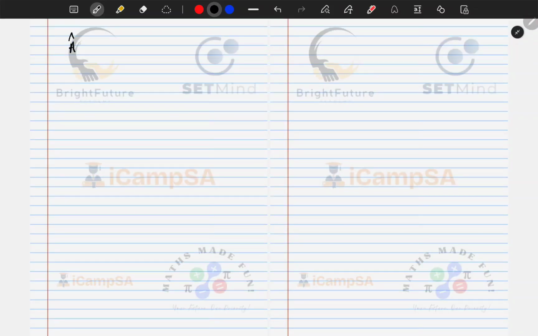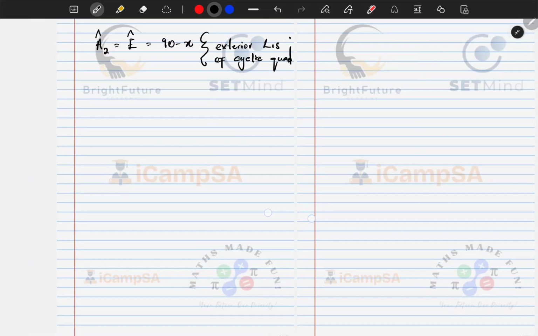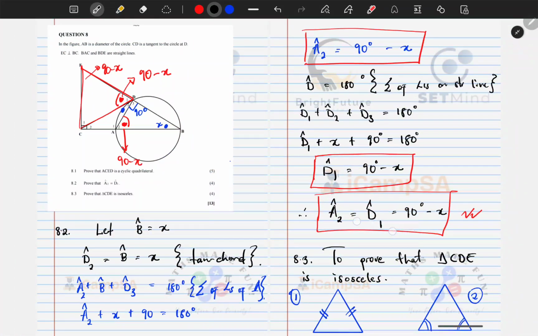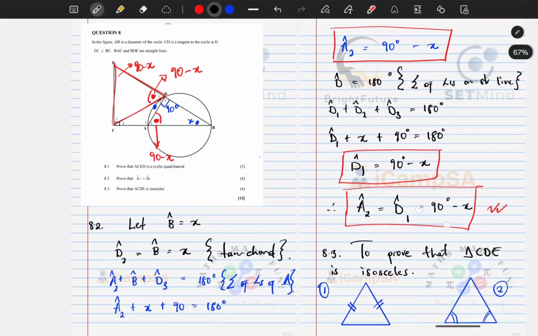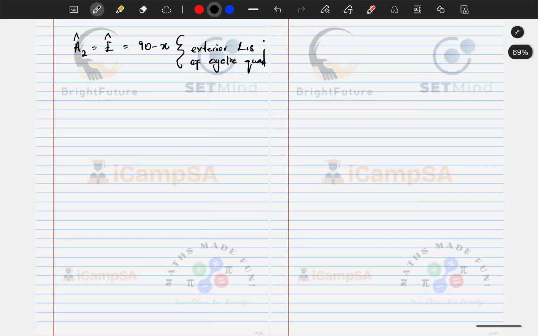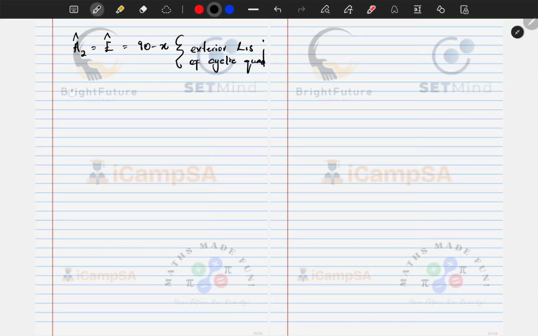So your A2 is going to be equal to E, which is going to be equal to 90 minus x, and your reason is going to be the exterior angle of a cyclic quad. And then therefore we already know that D1 is equal to 90 minus x.